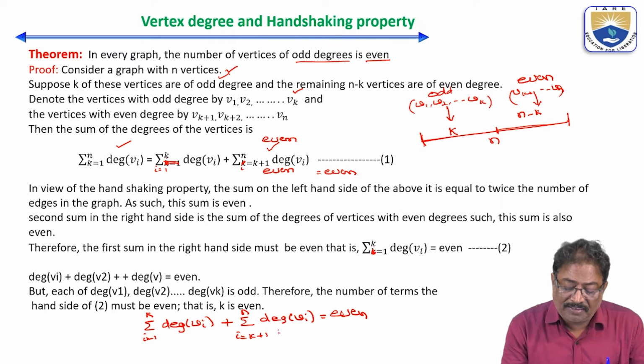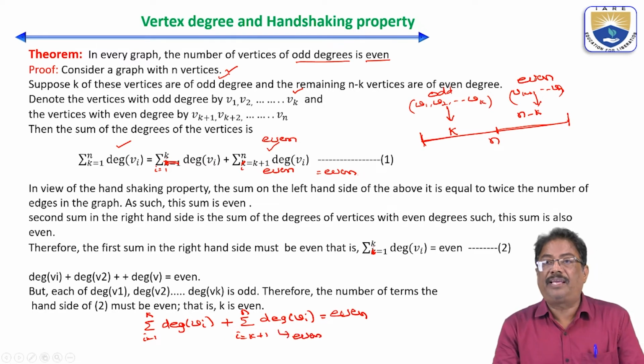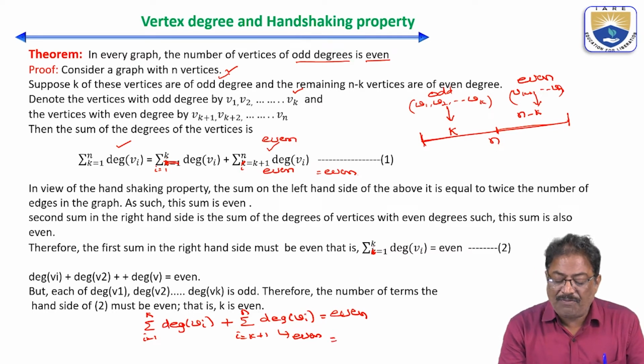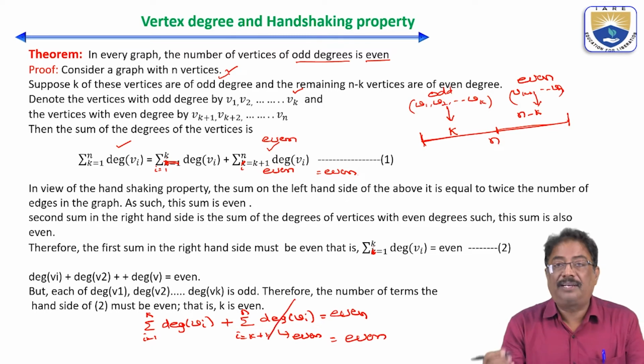The second sum is already even because we are considering only even degrees. So if we take even minus even, we get even.